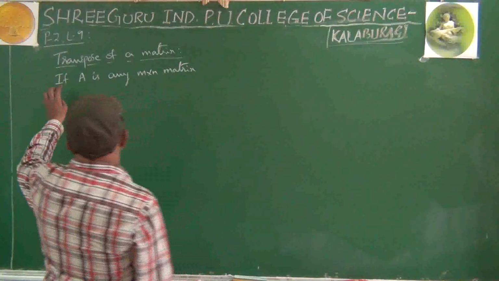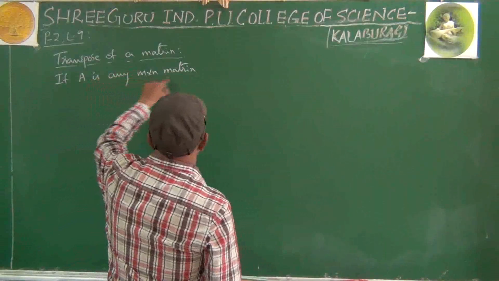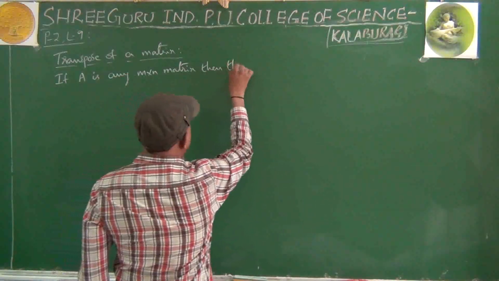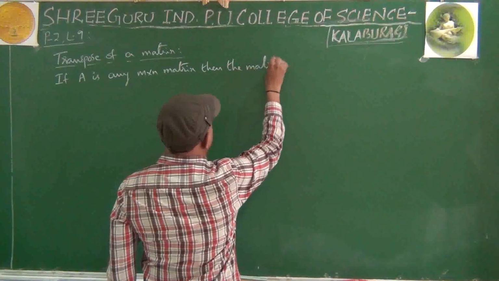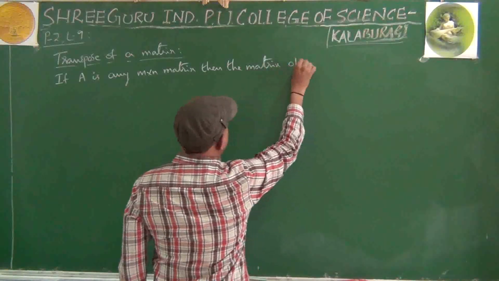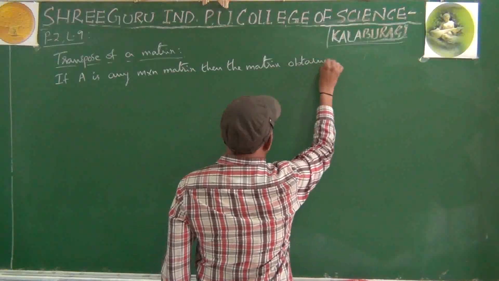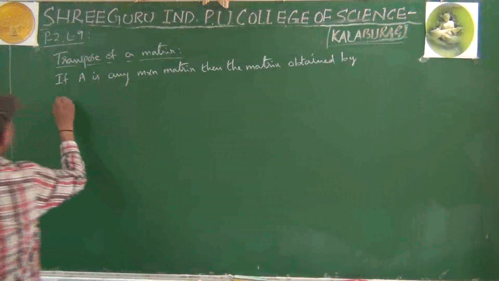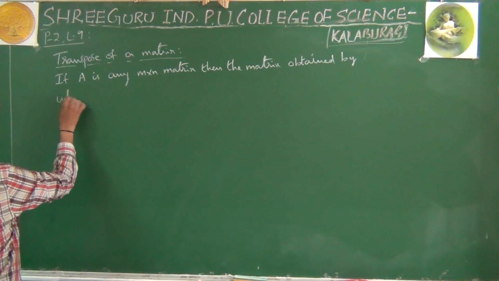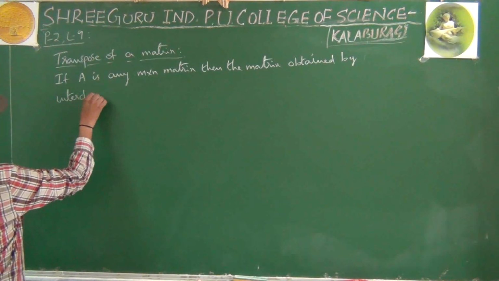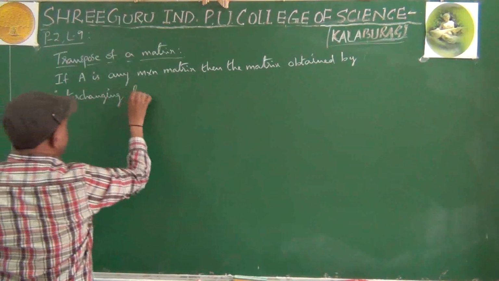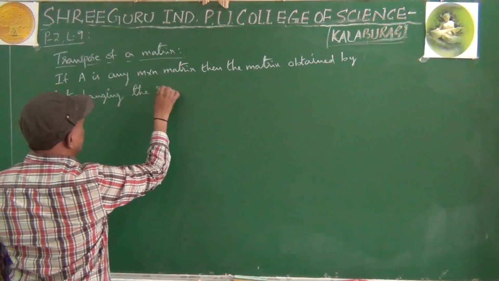Anyway, if capital A is any m by n matrix, then the matrix obtained by interchanging the rows and columns.